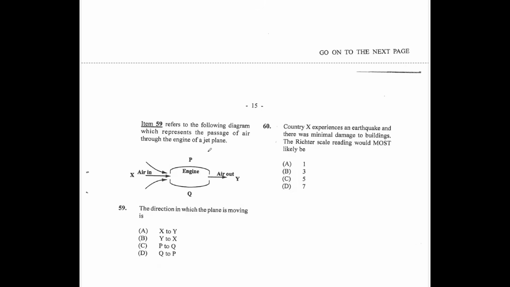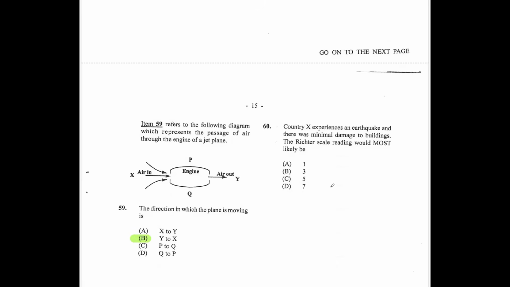Item 59 refers to the following diagram, which represents the passage of air through the engine of a jet plane. The direction in which the plane is moving. So air is going in and coming out, therefore the plane is moving in the opposite direction. So the plane moving from Y to X, which is B.